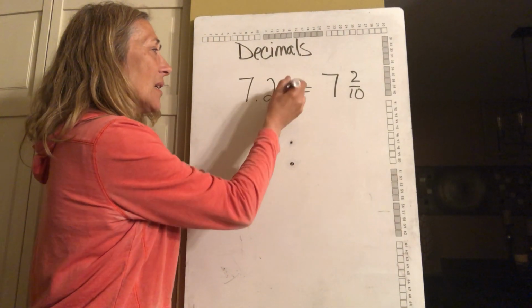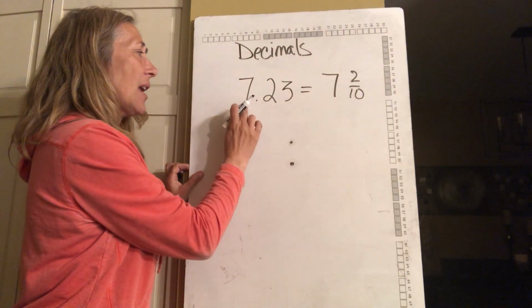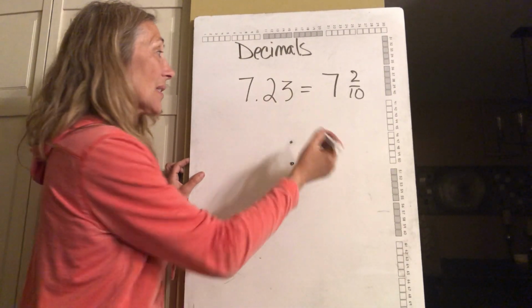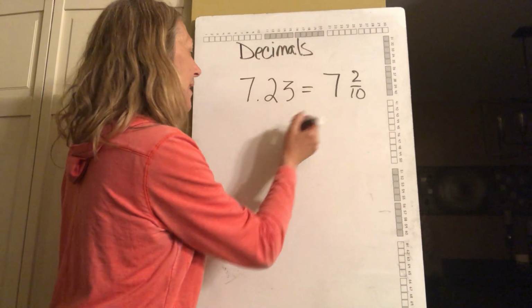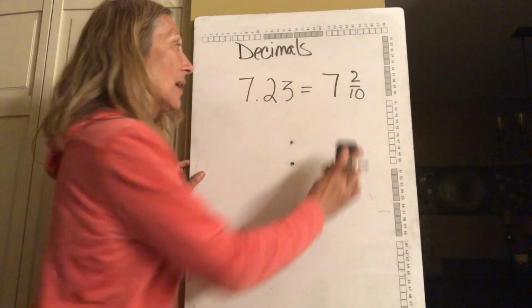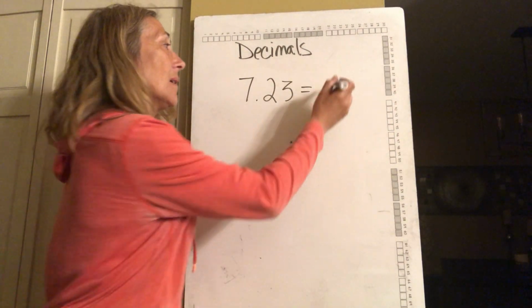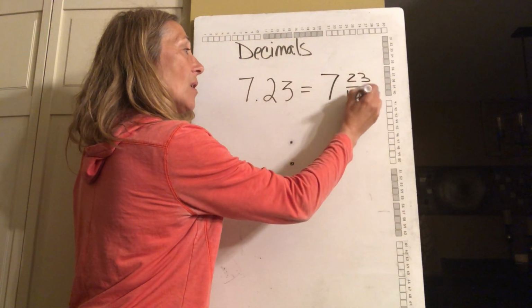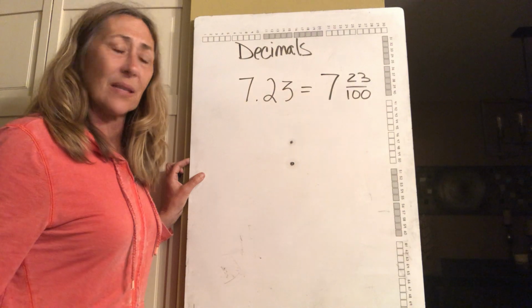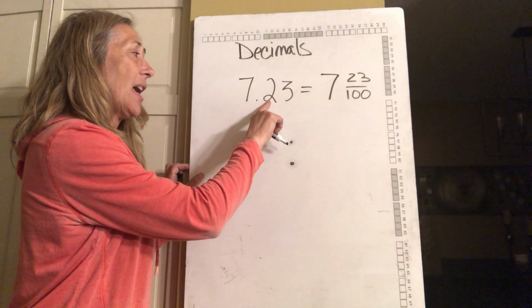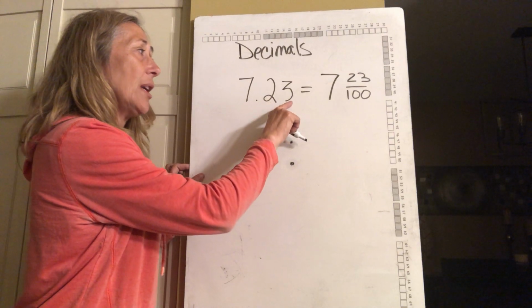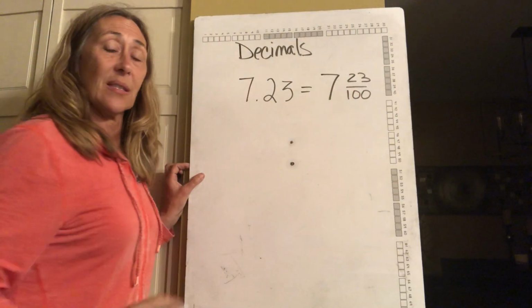If I add on to this, 7 and 23 hundredths. These are the tenths, these are the hundredths. So now there's 23 hundredths.